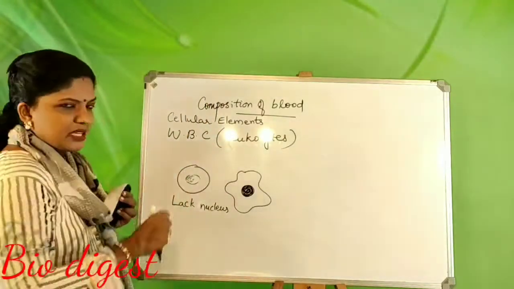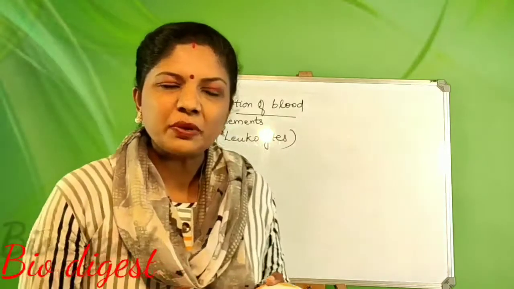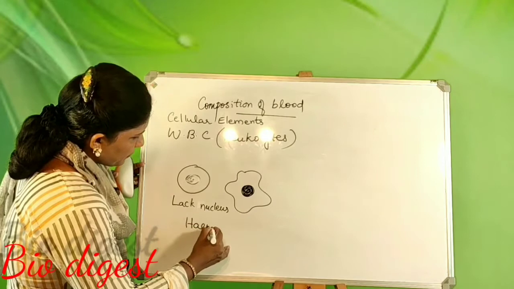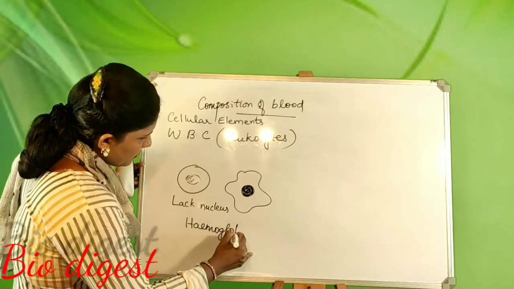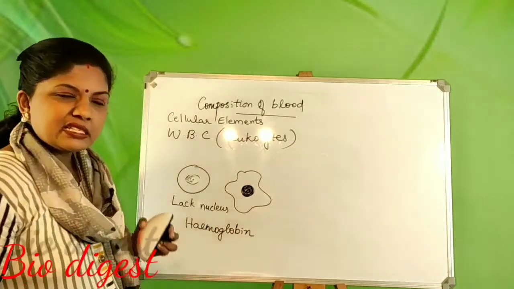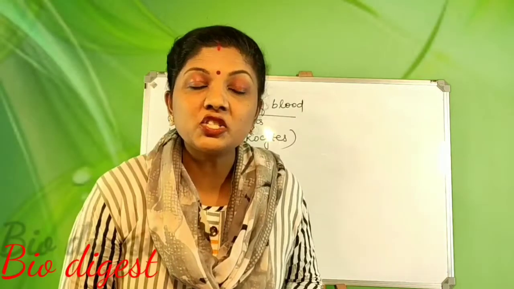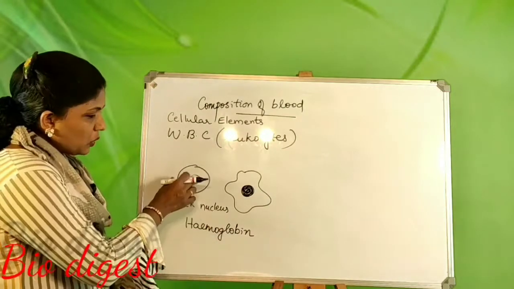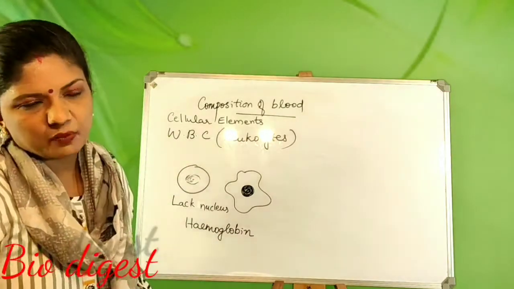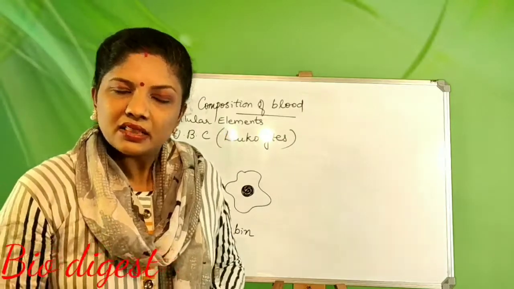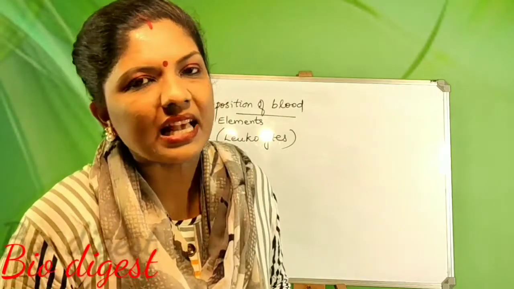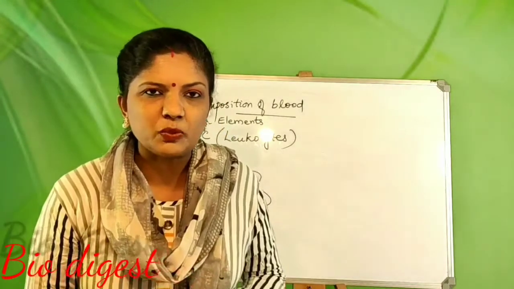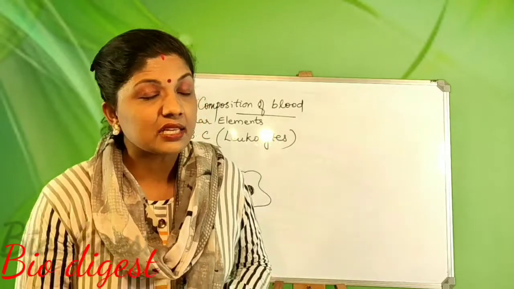Then RBCs, usually they contain a respiratory pigment called as hemoglobin in its colorless spongy stroma. So respiratory pigment called as hemoglobin is present in RBC, whereas the respiratory pigment hemoglobin is absent in WBC. So hope the structural differences between RBCs and WBCs is clear to everyone.